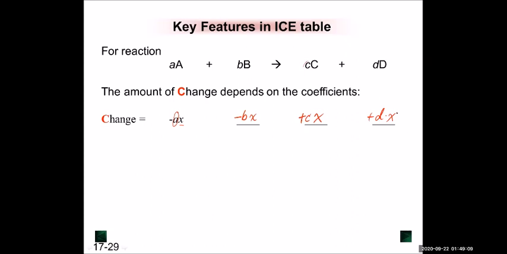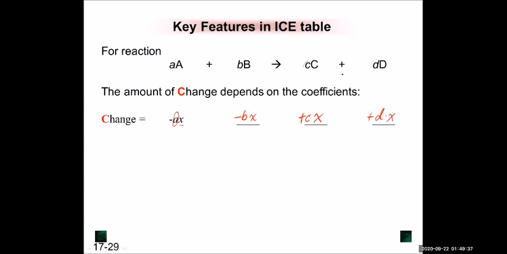Why is there a change? Because how much change depends on the coefficient. In the first chapter, in chemical kinetics, we realized that if in the balanced equation one reactant or product has a large coefficient, that means the change will be much larger.